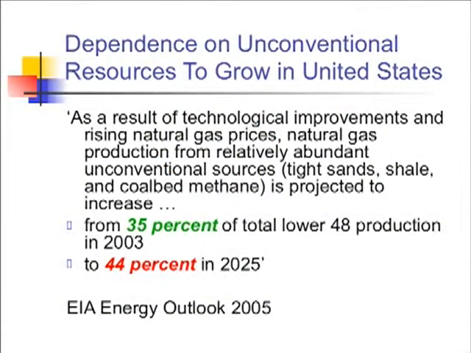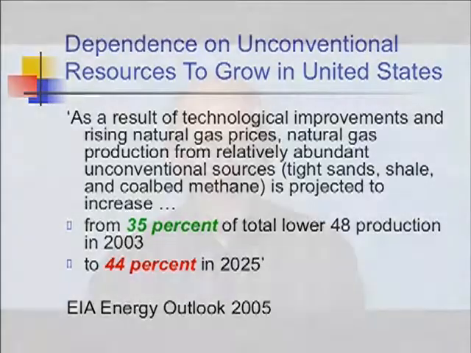The EIA in that annual report noted that as a result of technological improvements and rising natural gas prices, natural gas production from relatively abundant unconventional sources, and these include tight sands, shale, and coal bed methane, is projected to increase from 35% of lower 48 production in 2003 to 44% in 2025. That was the end of the projection in the previous energy outlook.